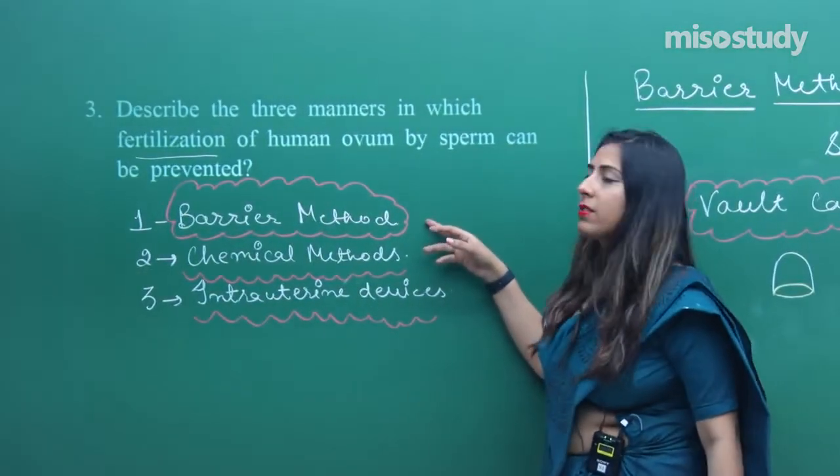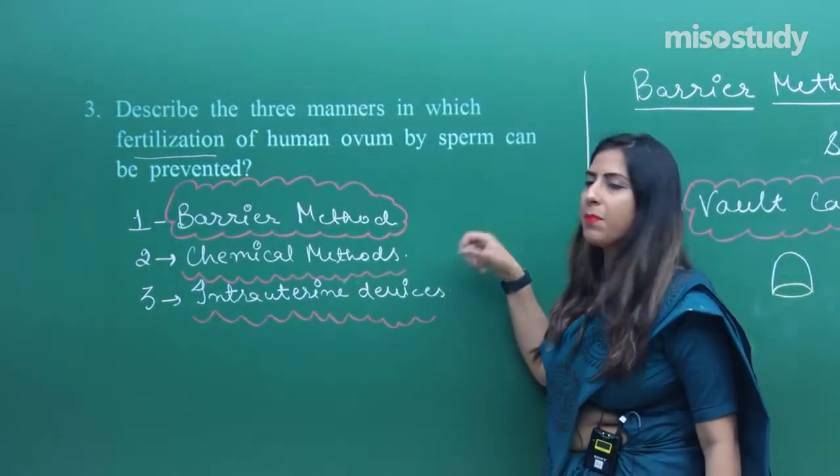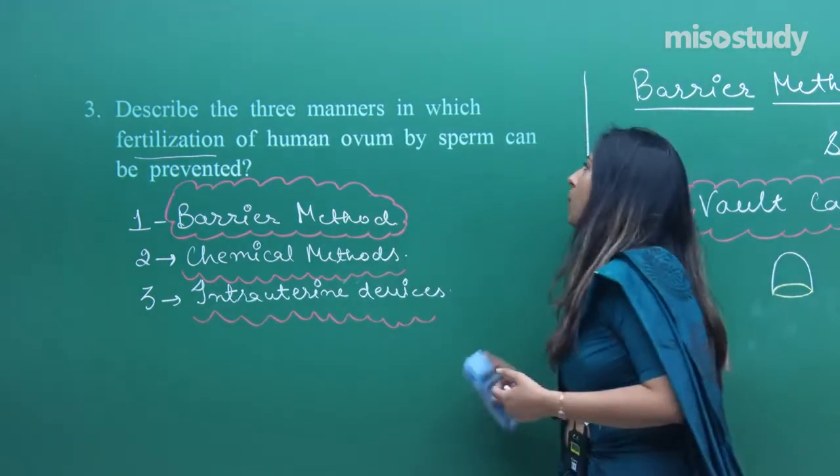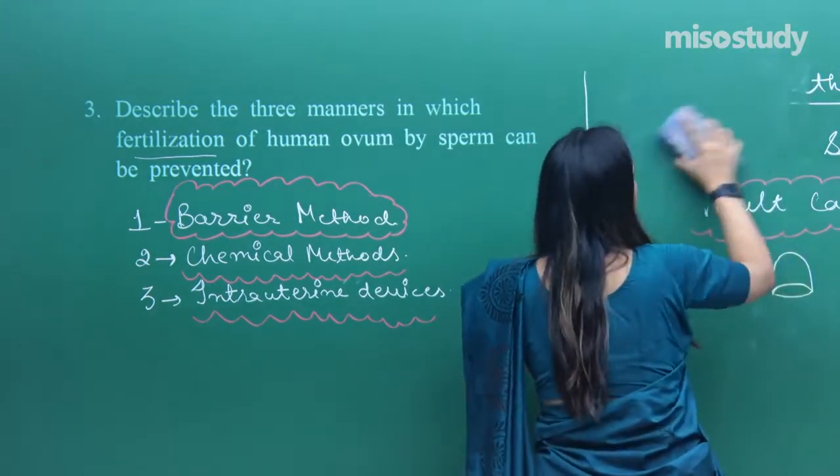Next we have, as we have discussed the barrier methods, now we will be discussing the chemical methods. As the name indicates, chemical methods means certain chemicals are used to prevent the entry.